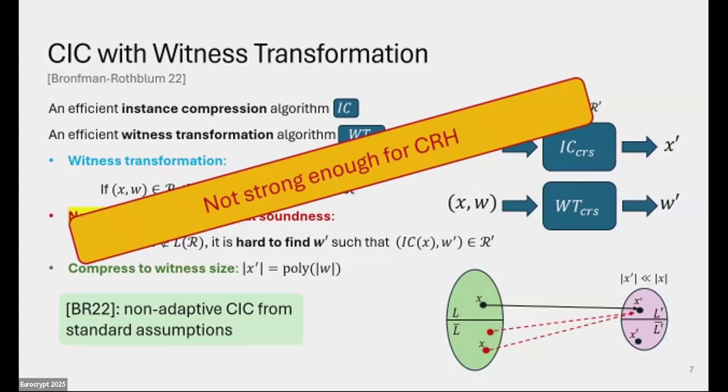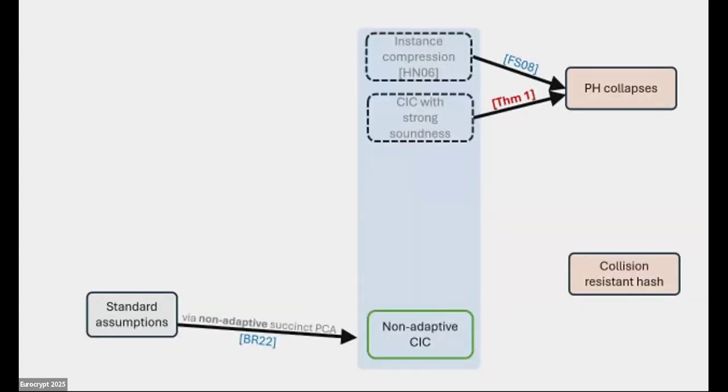Let's zoom out for a second and see what we have until now. We have two notions of instance compression, one that is statistical, one that is computational. Both of them are not likely to exist, but would have been enough for constructing collision-resistant hash functions. And we have another object called non-adaptive CAC that Bronfman and Rothblum constructed using standard assumptions.